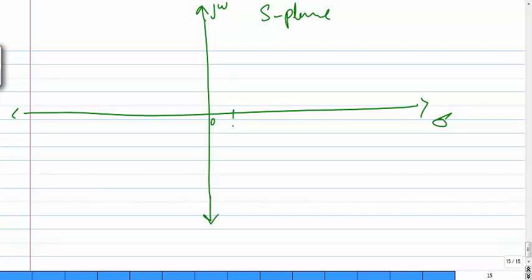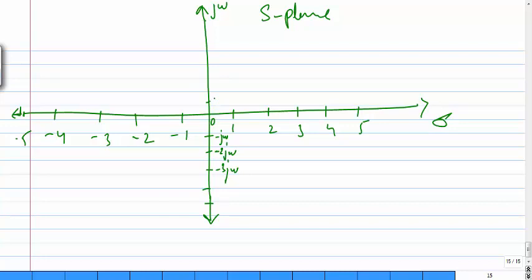For example, we have 1, 2, 3, 4, 5, and -1, -2, -3, -4, -5. Similarly, you have negative values here: -j omega, -2j omega, -3j omega, and so on. Similarly, you have j omega, 2j omega, 3j omega, and so on.